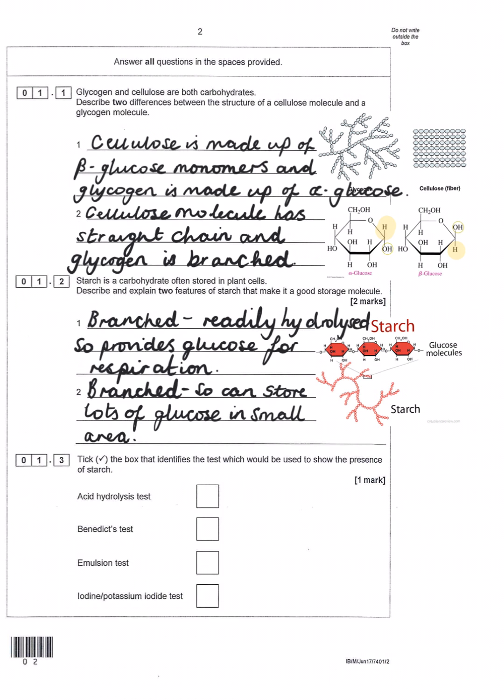And finally, for 1 mark, we're asked to tick the box that identifies the test which would be used to show the presence of starch. Now, the acid hydrolysis test is just another name for the non-reducing sugar test, so testing for sucrose. There's no direct test for sucrose.